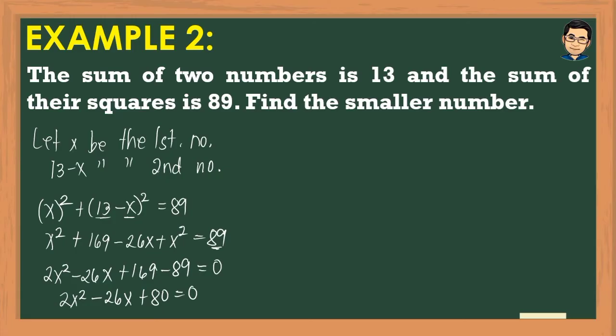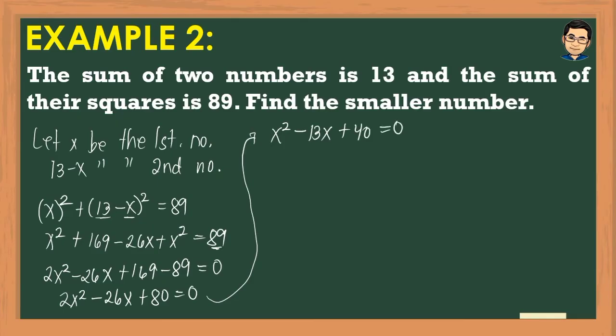So since yung ating whole equation, yung lahat ng numerical coefficient niya is divisible by 2, pwede nating i-divide by 2. So magiging x squared minus 13x plus 40 is equal to 0.